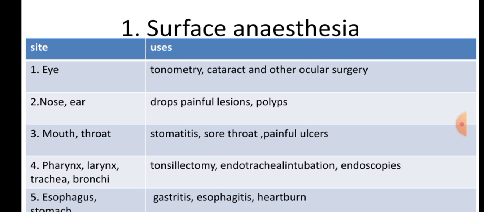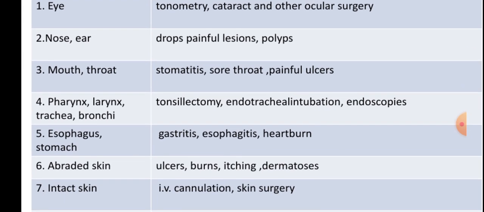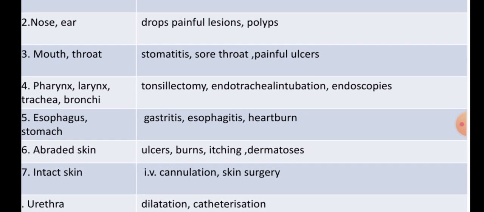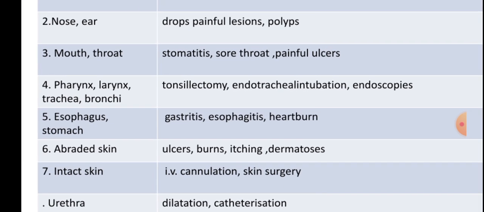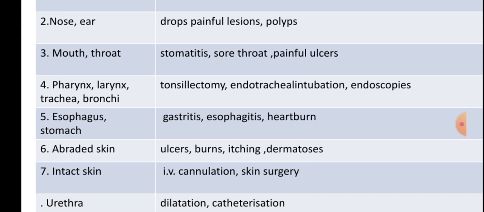In the pharynx, larynx, trachea and bronchi, we will use it for tonsillectomy, endotracheal intubation and endoscopies. The proctoscopies also we will use. Esophagus and stomach: gastritis, esophagitis and heartburn.